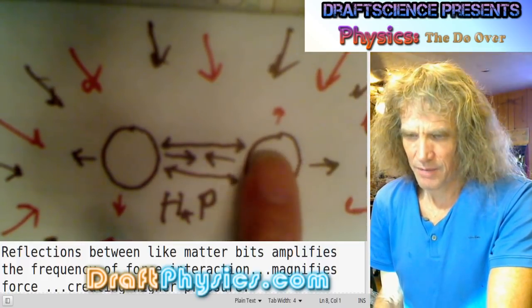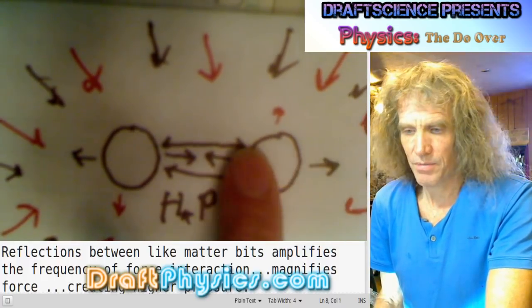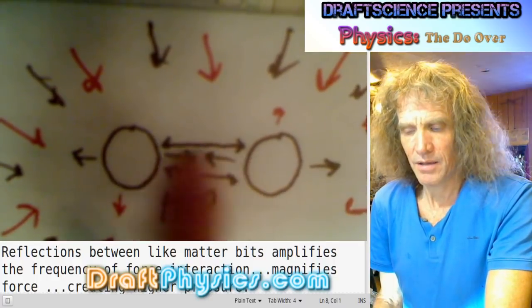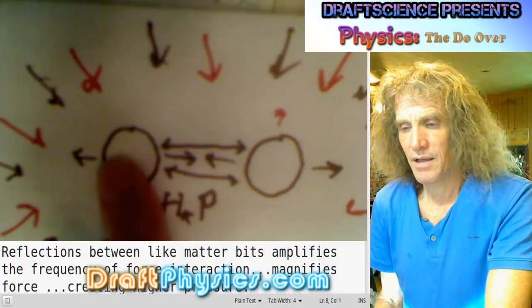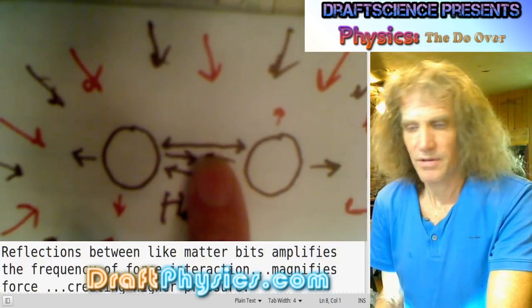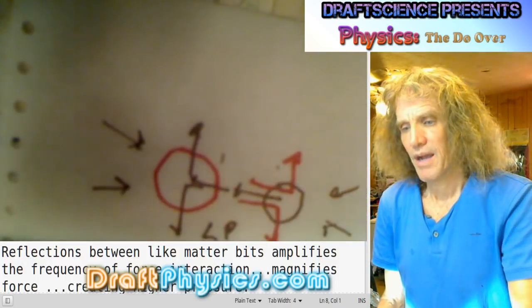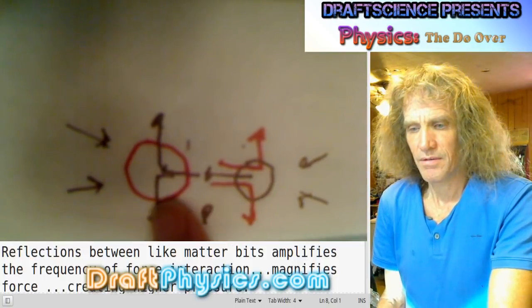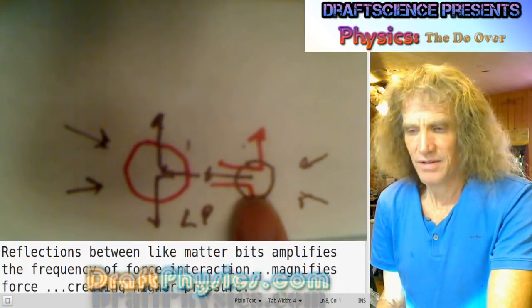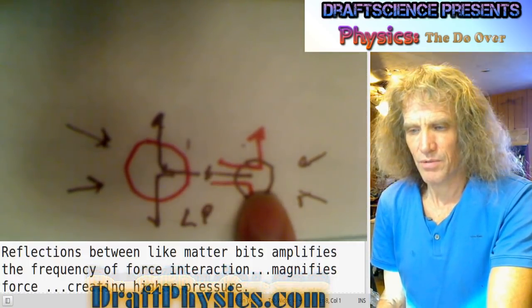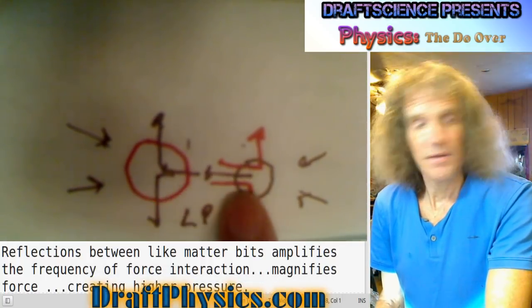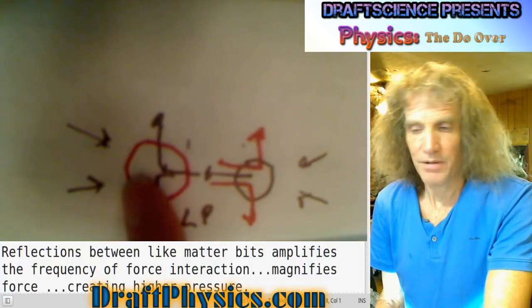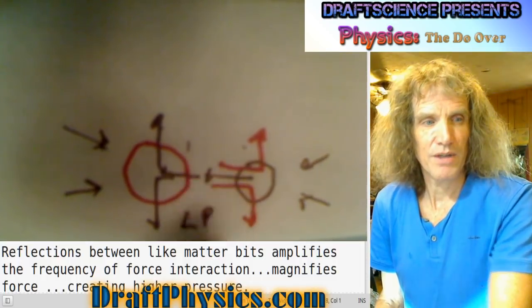And so when another object of the same charge is brought into proximity to that object, they're going to end up reflecting energy, just like two electrons, and they're going to create repulsion. And when opposite charges face each other, they're going to do the same thing the electron and the proton do, which is that they're going to lose each other's pressure, vulnerability, and there's going to be a low pressure created between them.